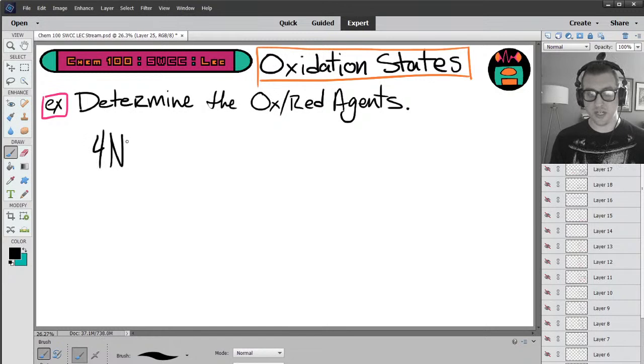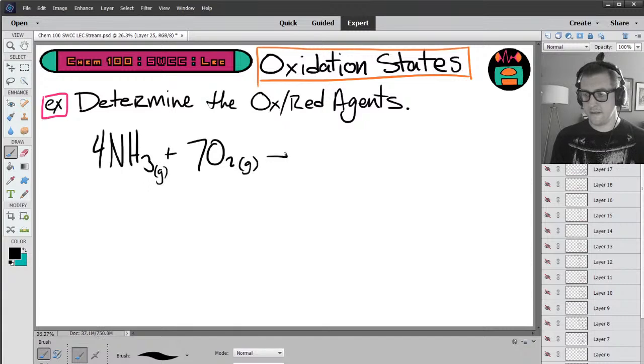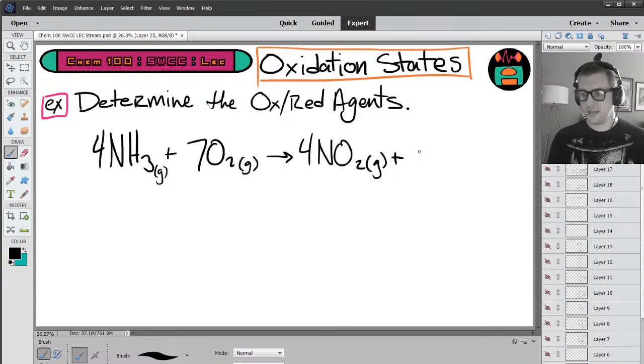One is the reaction of ammonia gas with oxygen gas to produce nitrogen dioxide gas and water vapor.